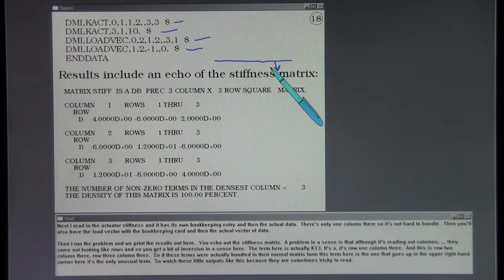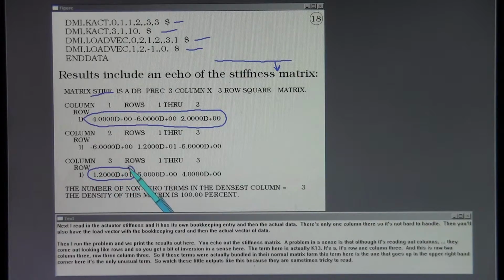You echo out the stiffness matrix. A problem in a sense is that although it's reading out columns, they come out looking like rows, and so you get a bit of an inversion in sense here. The term here is actually K13. It's row 1, column 3.